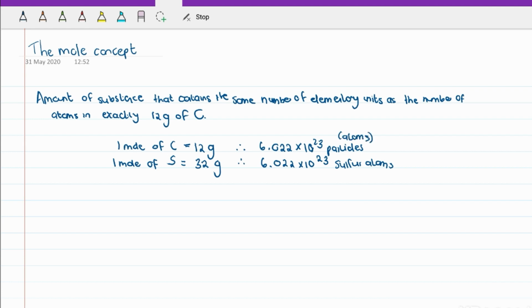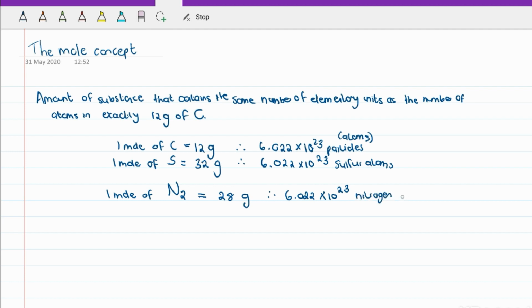Even if we look at nitrogen, 1 mole of nitrogen has a mass of 28 grams, and thus it is 6.022 times 10 to the 23 nitrogen.